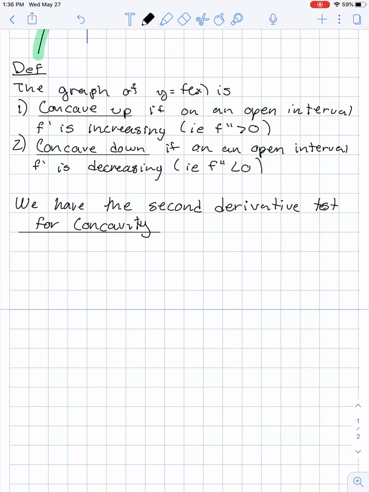All right, so if f double prime is greater than 0, the graph of f is concave up.